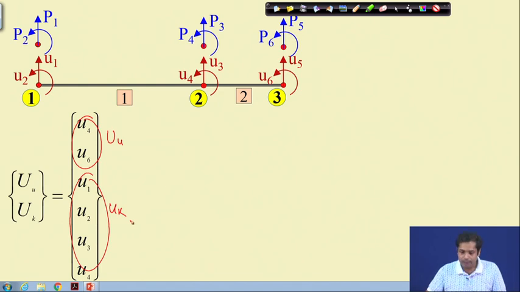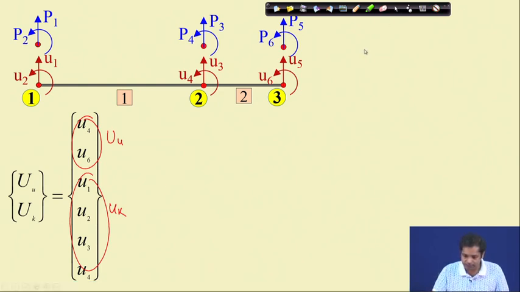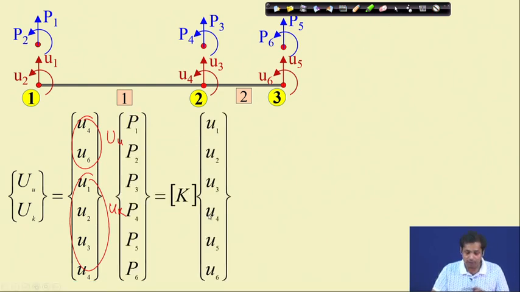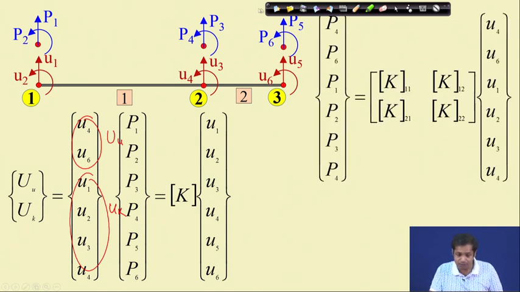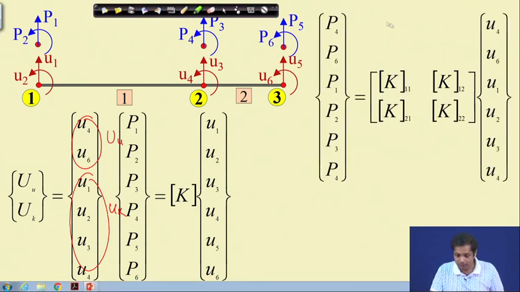Okay. Now, your force displacement relation was initially like this. Now, if you rearrange them, taking all the unknown displacements at one side and the known displacements at another side together, then this rearrangement will be something like this. So these are our unknown displacements, this side all unknown displacement and the other side known displacement.